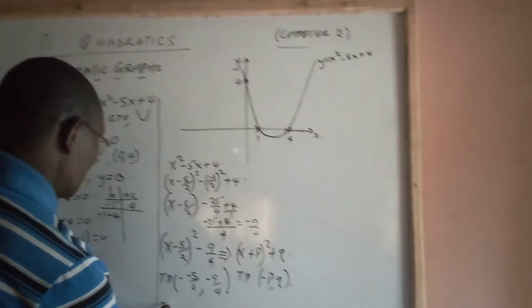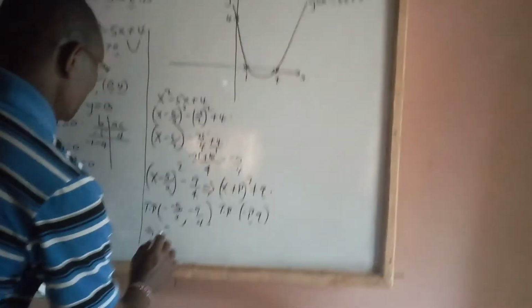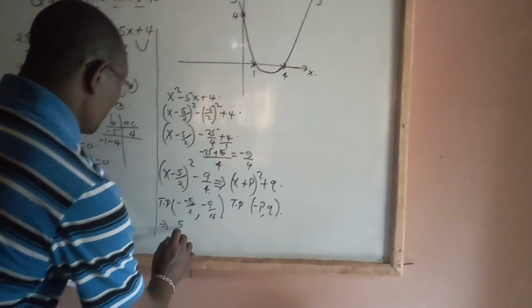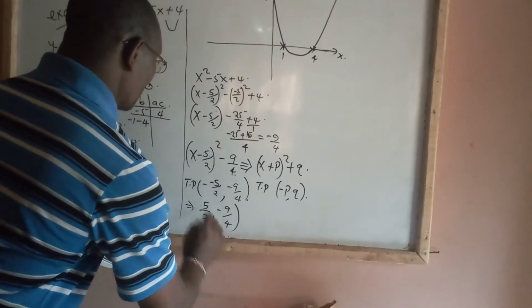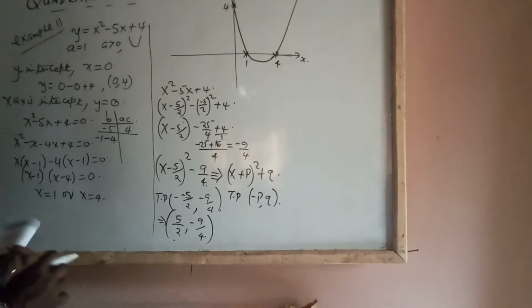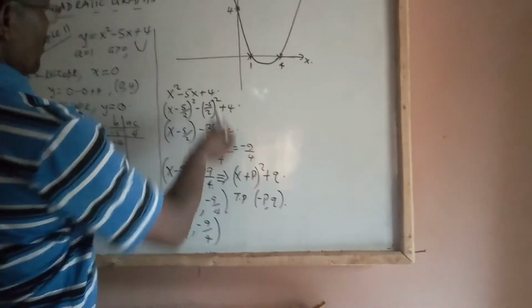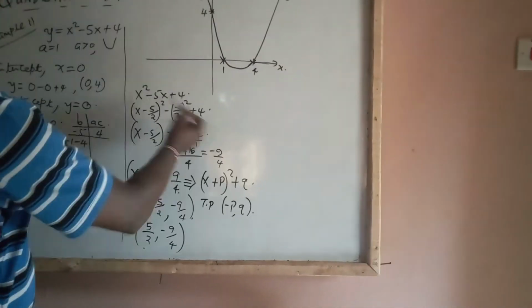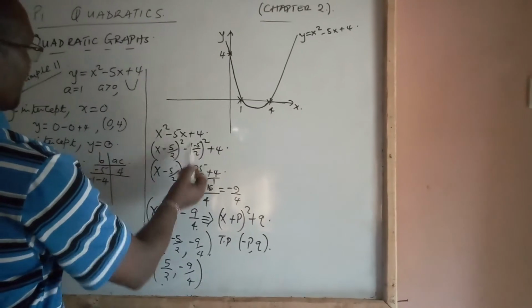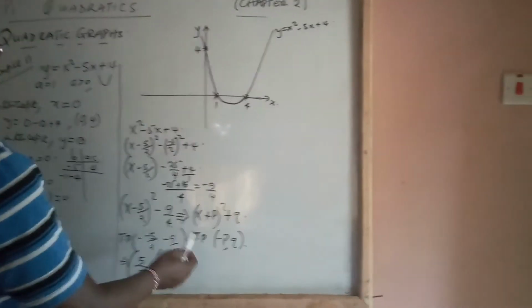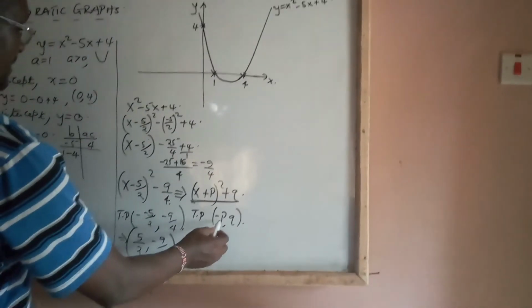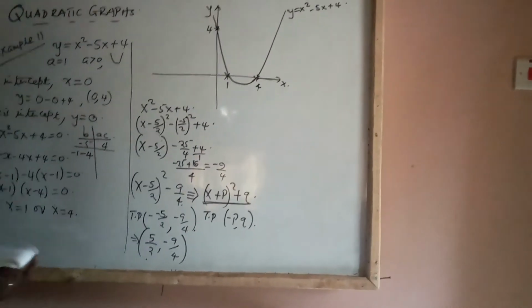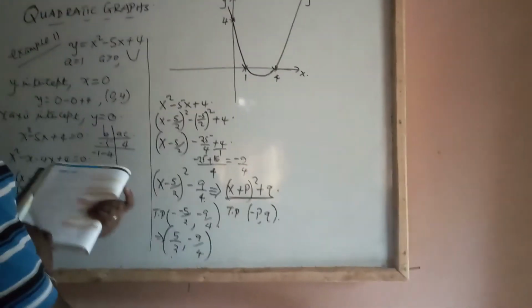So this is simply positive 5 over 2, minus 9 over 4. Those are the coordinates of the turning point. Please note, to get the coordinates of the turning point, we had to complete the square first, so that we can write it in this format and then pick our minus p, q.